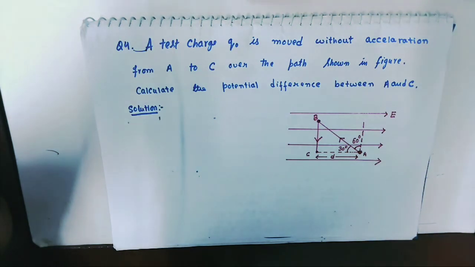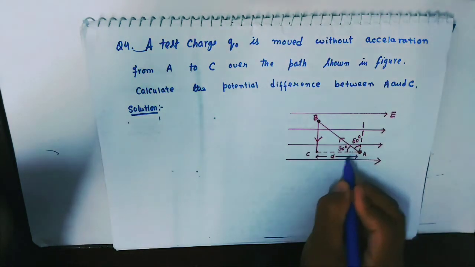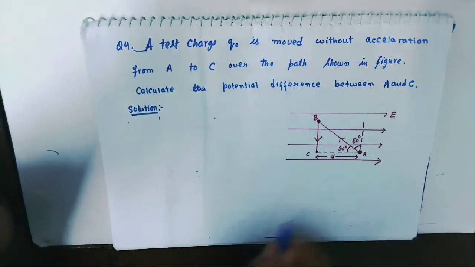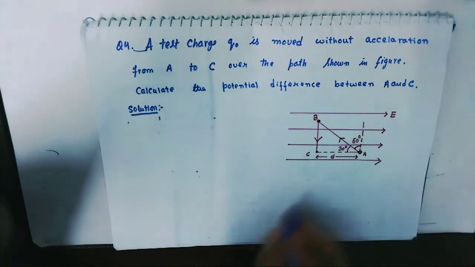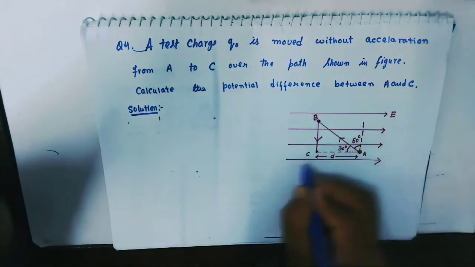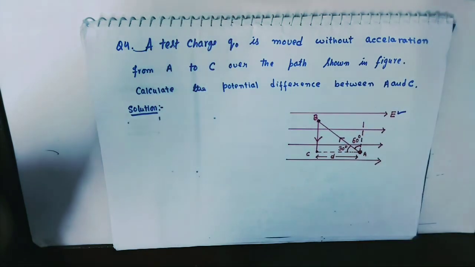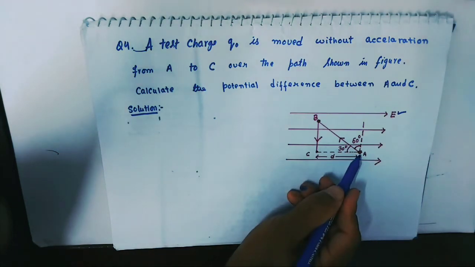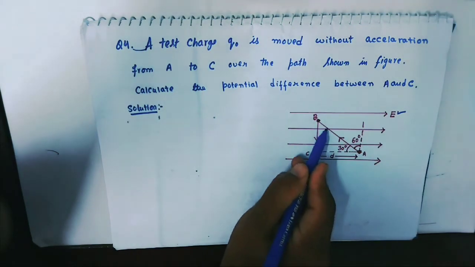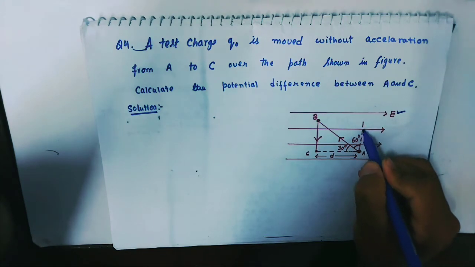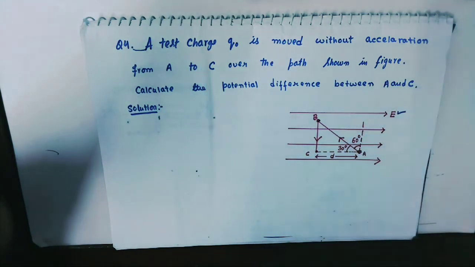Calculate the potential difference between A and C. As we can see from here, this electric field is uniform and it is denoted by the symbol E. Then the angle between this AB and this vertical line is 60 degrees.